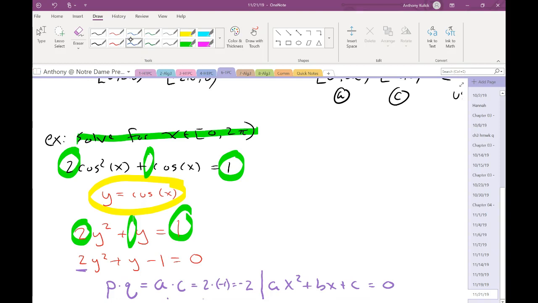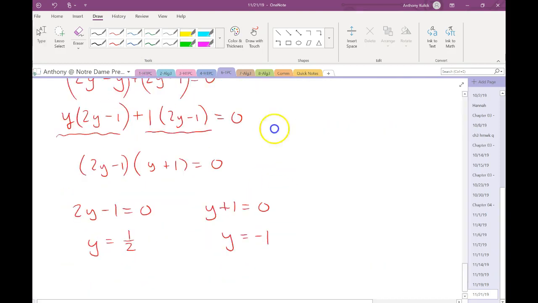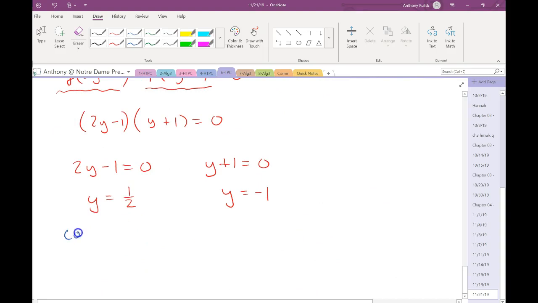Everybody good with that? Feel good there? So to get the x by itself, we'll just do the cosine inverse of both sides.